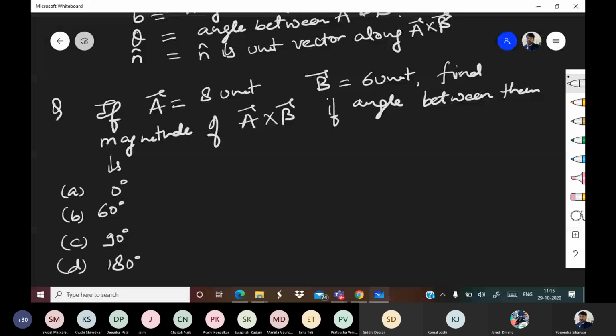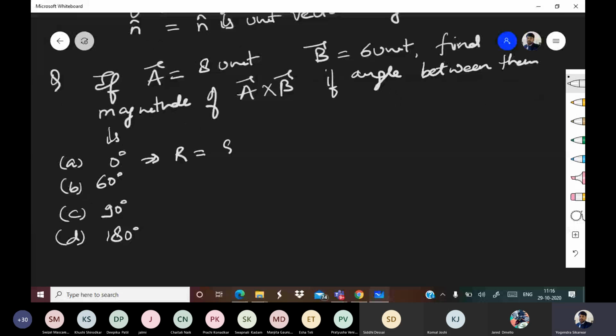So in the first case, the answer is 8 into 6 into sine 0, that becomes 0.